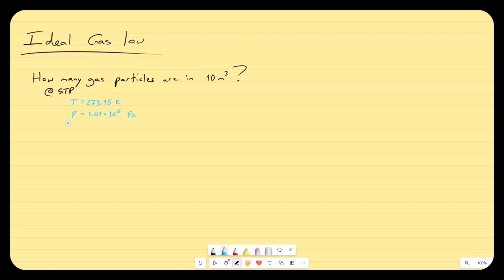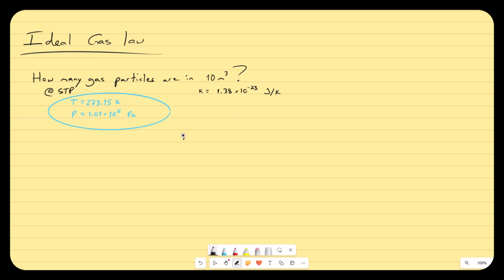These numbers come straight from being STP. The other thing that we know is that our Boltzmann constant is 1.38 times 10 to the negative 23rd joules per Kelvin. So we can plug those in.